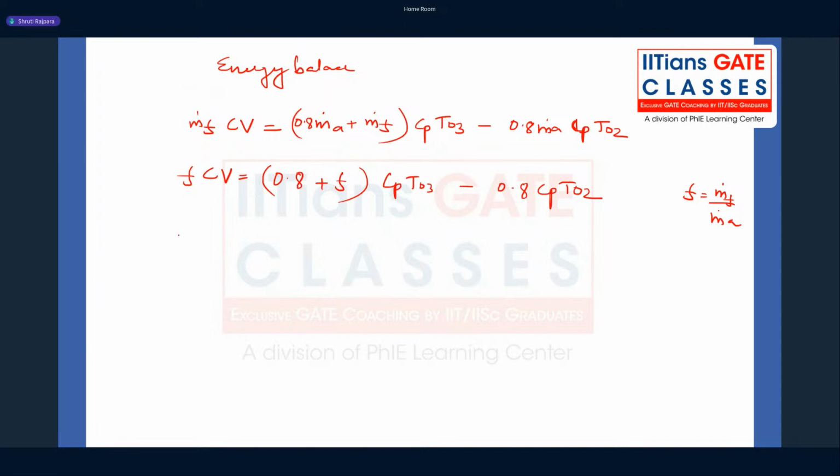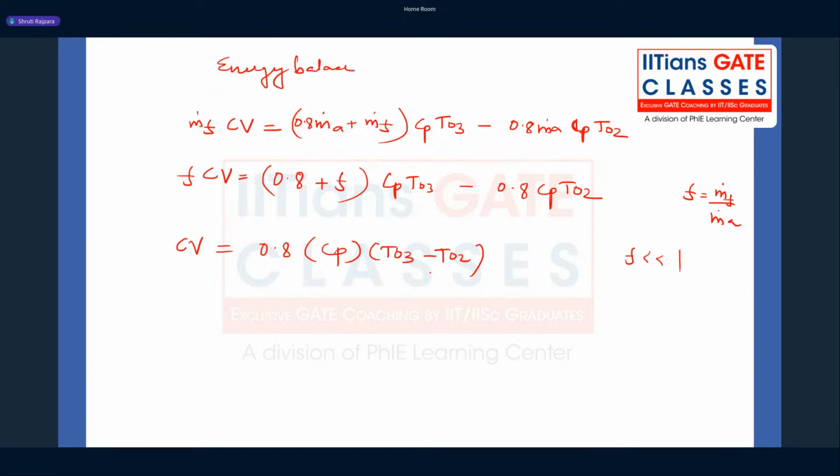So what we'll do is we'll consider F to be much smaller than 1. So we'll try to replace that and write it as 0.8 times Cp (T03 minus T02).